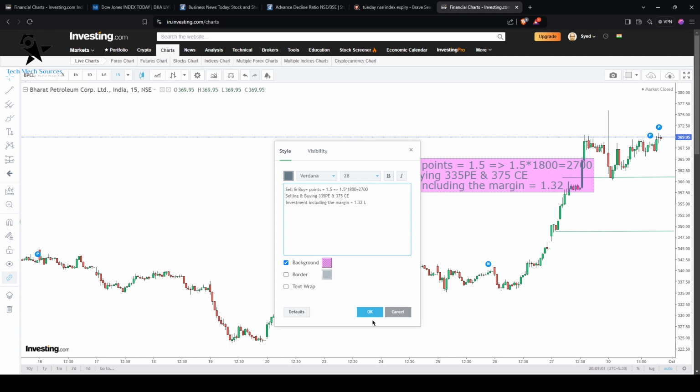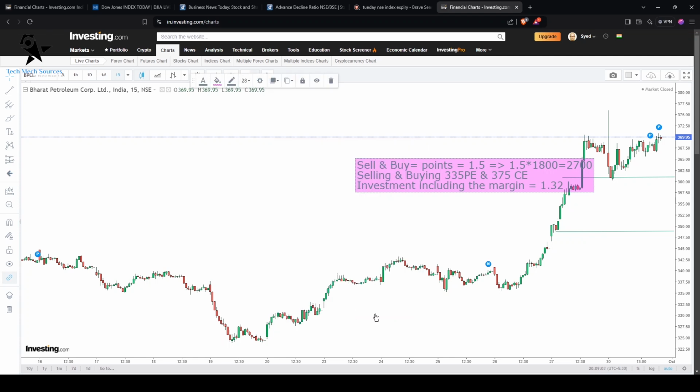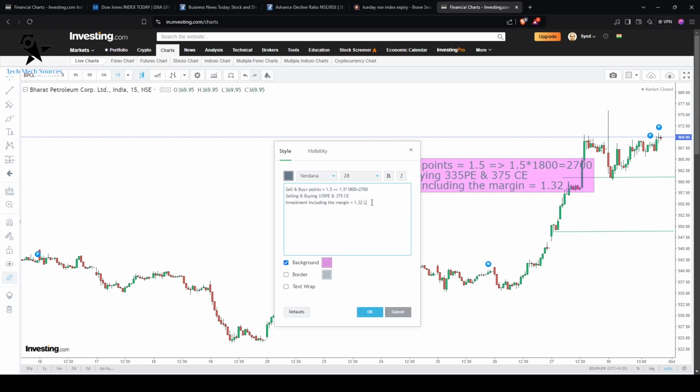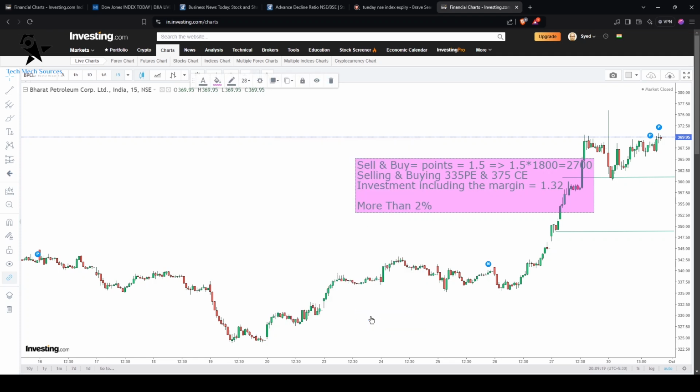That is 2%. So what else do you want? 2% in one day, right? So that is equal to more than 2%. What else do you want?